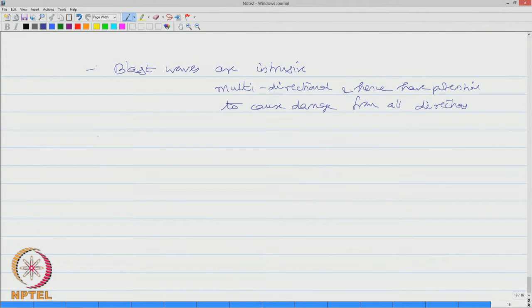We also have seen in the previous lectures that peak overpressure decreases with the blast wave propagation.